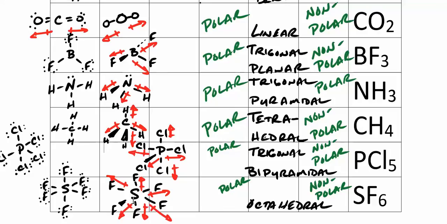Each one is polar, but the entire structure, again, you're really going to need those white spheres to convince yourself of this, and make sure that you accurately put those little white spheres together to show yourself that the entire thing balances out. So the entire SF6 molecule is nonpolar.